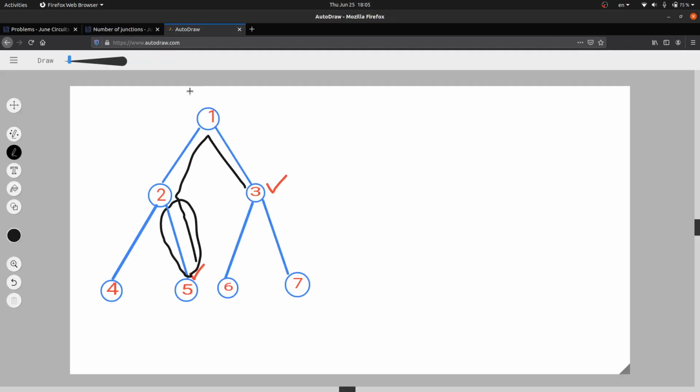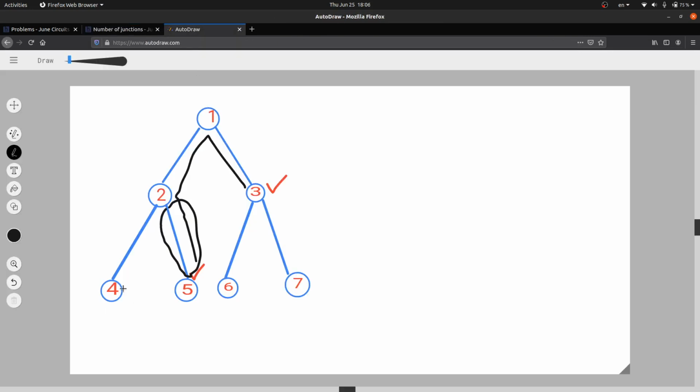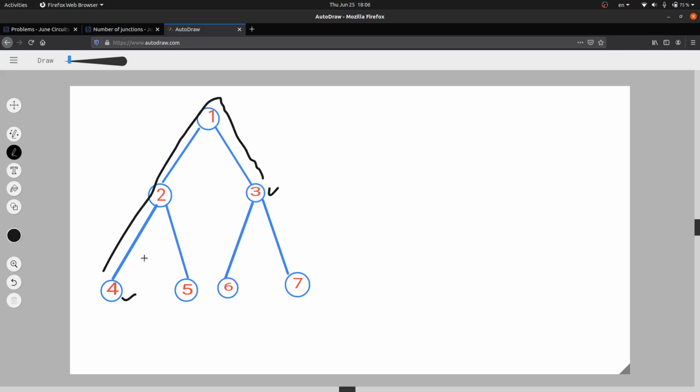So let's see, it was given that it will go from 4 to 3. So let's take that only. It will go from 4 to 3 like this, and it has an initial capacity of 100. So it will go from here to here.